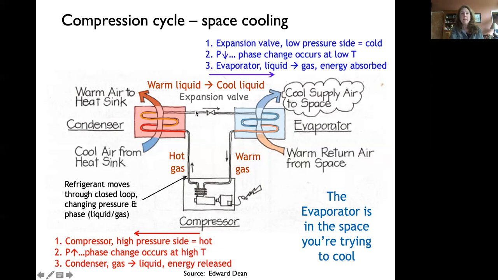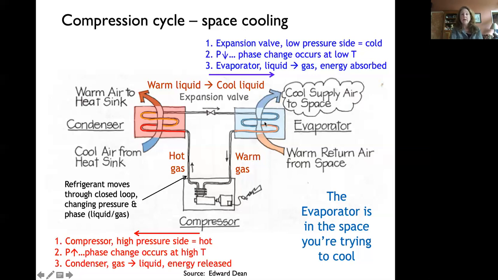The next step is that high pressure warm liquid is going to pass through an expansion valve. And what's going to happen there is that it's going to release its pressure through a tiny pinhole. What's the first principle? When pressure goes down, temperature goes down. So now you've got the low pressure cold side over here.